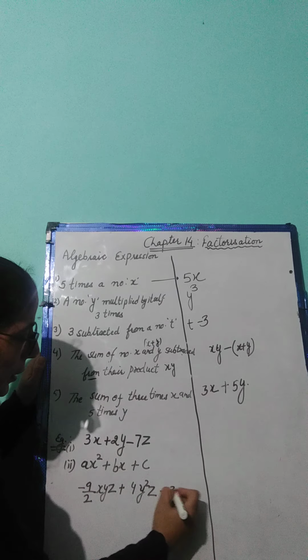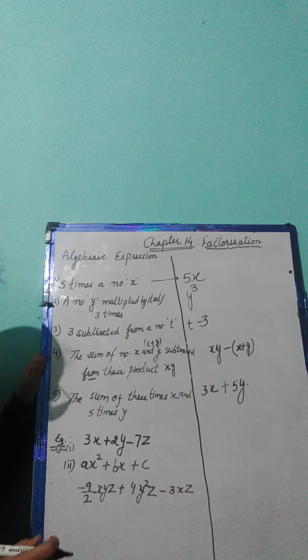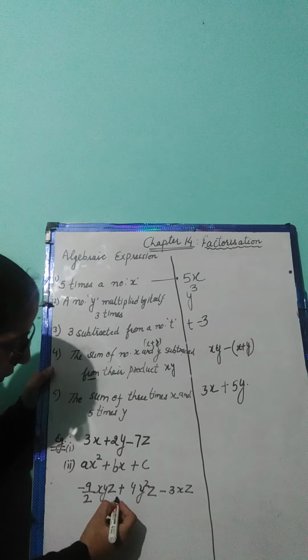So these are the different terms. Whenever there is a plus or minus sign, we say the terms are separated. Here, this is one term, second term, and this is third term.